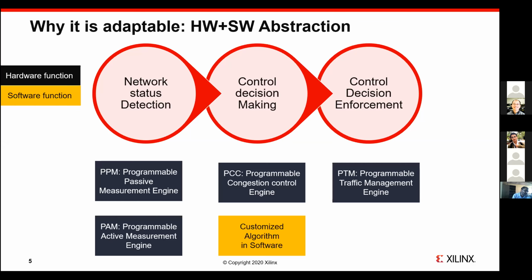Usually we send some probes into the network, and on receiving the acknowledgement from the probe packets, you infer the network status. So in fact, based on the features, we could also have some domain-specific engines to do the collection of networking status.